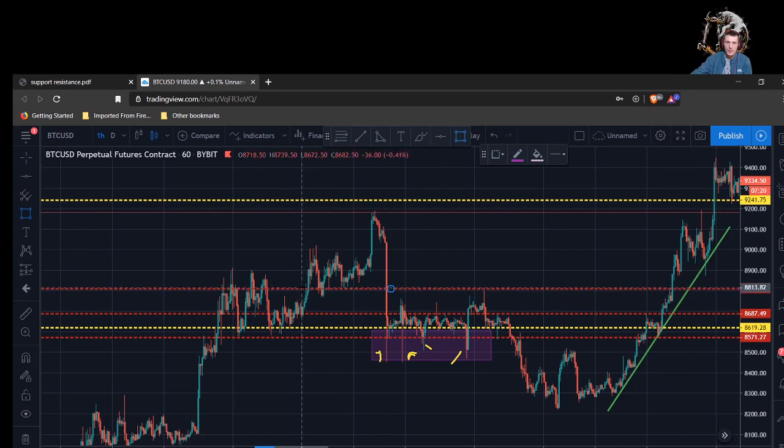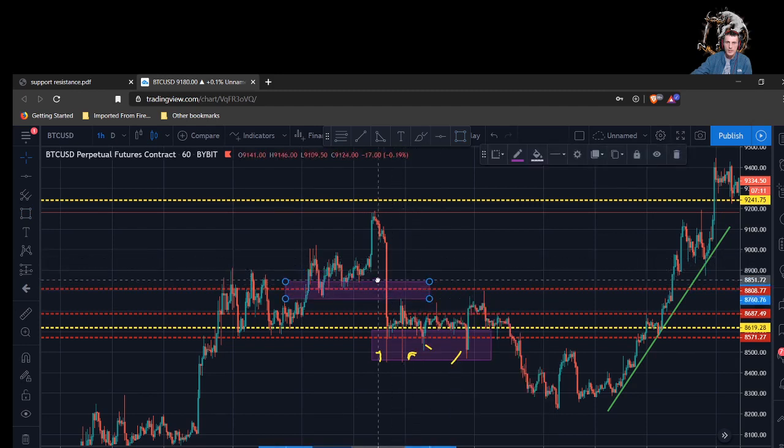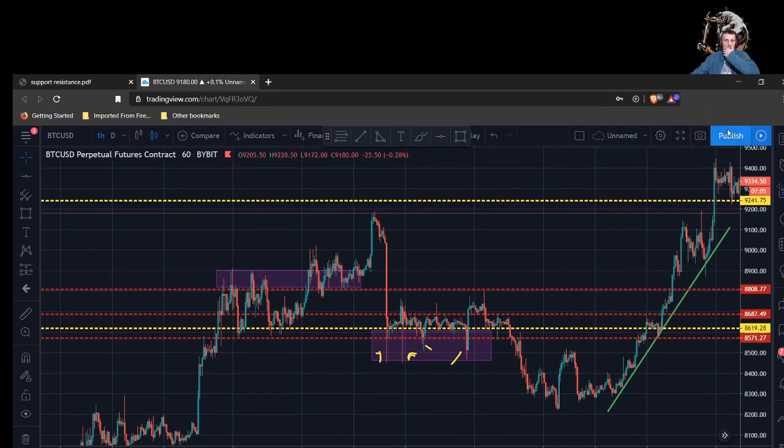So we could have went right there, right there. So here, if you were trying to short, okay, and we were back here, you could have placed your short anywhere in this area.